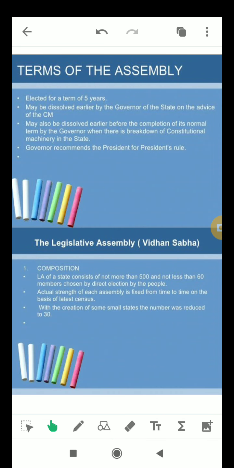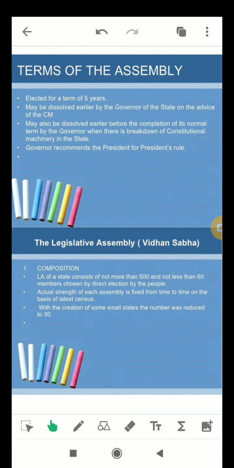Terms of the assembly. The term of legislative assembly is for 5 years and may be dissolved earlier by the governor of the state on the advice of the Chief Minister. It may also be dissolved before the completion of its normal term by the governor when there is breakdown of constitutional machinery in the state, or when the governor recommends the president for president's rule.